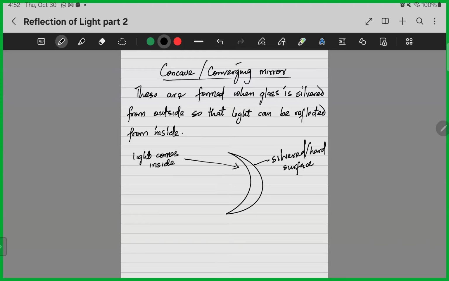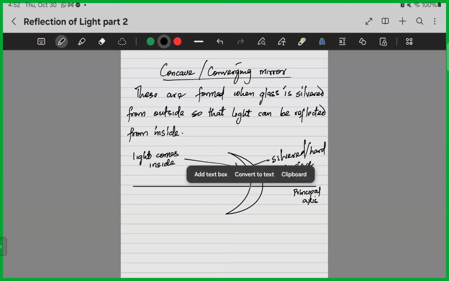Generally in mirrors, there's something called the principal axis. I'm going to draw that through the center. This is the principal axis, this particular line. On that line, we have the point where this principal axis meets the mirror, and then there is another point right here, which we call the focus.